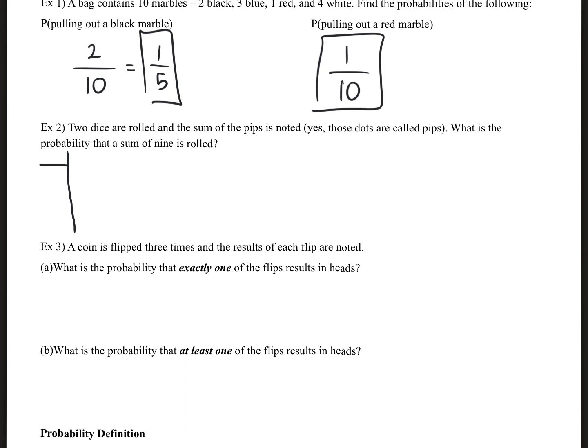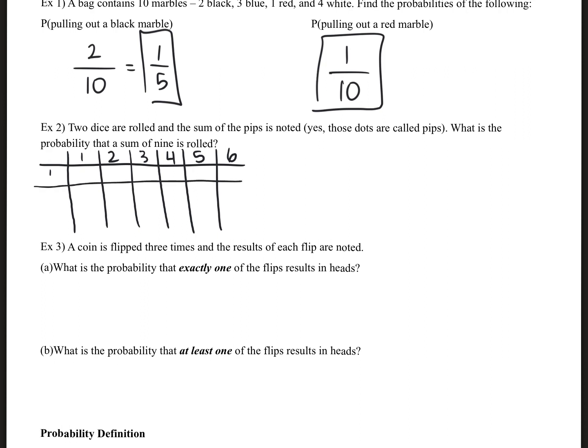So we're going to create a little table. Okay, so we have dice 1 across the top, and we'll put dice 2 along the side.